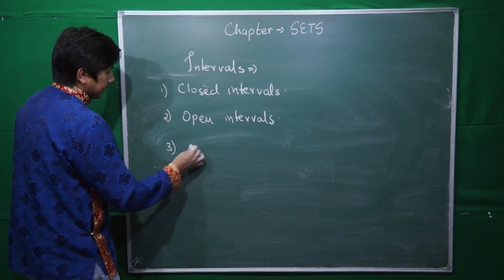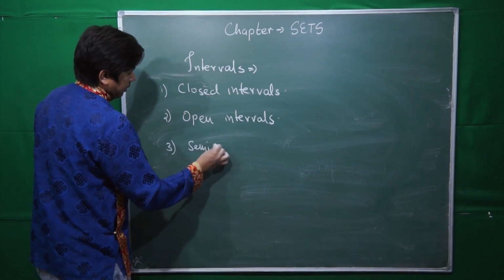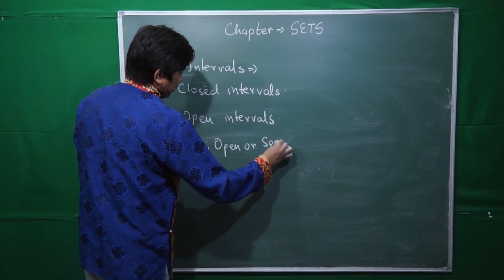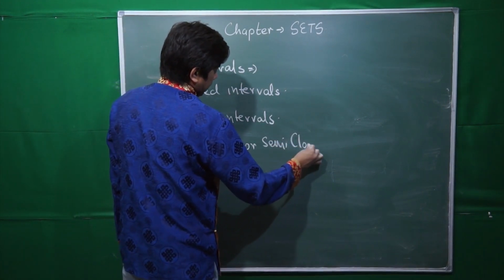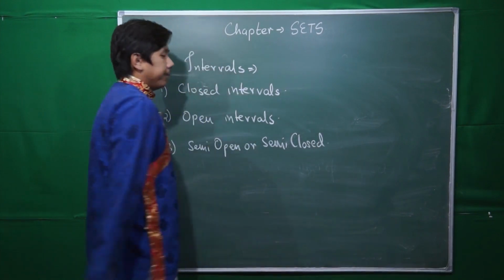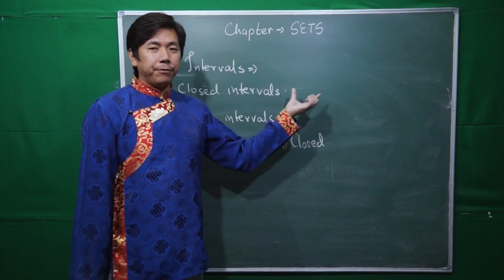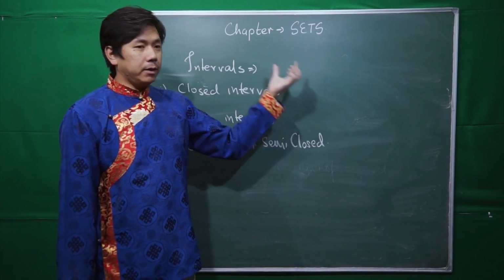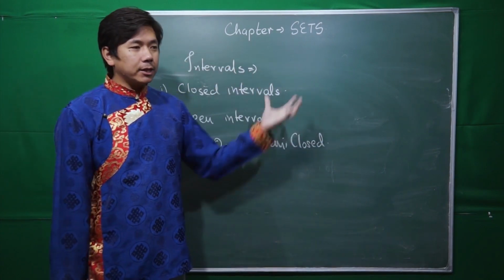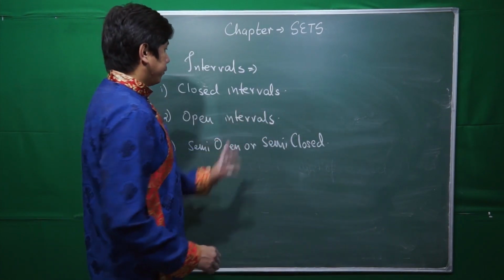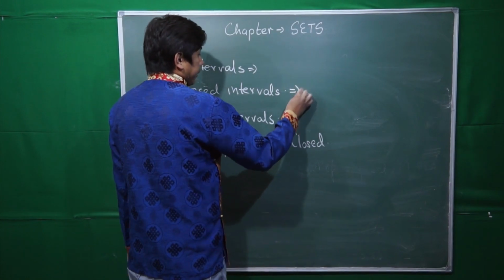And third one is semi-open or semi-closed. Okay. Now, the topic itself is not as important as the figure or the way the statement is written. That is also important. So, for a closed interval, you have to see this carefully.